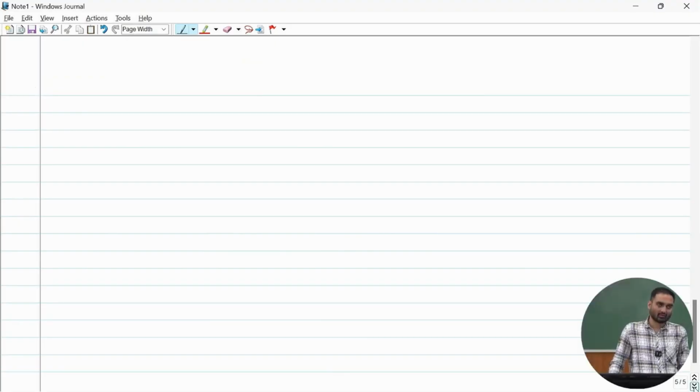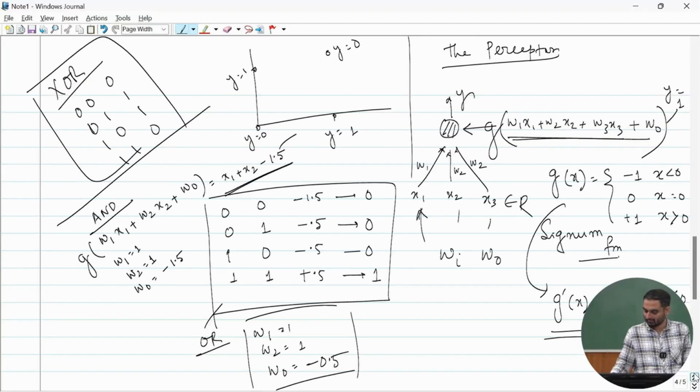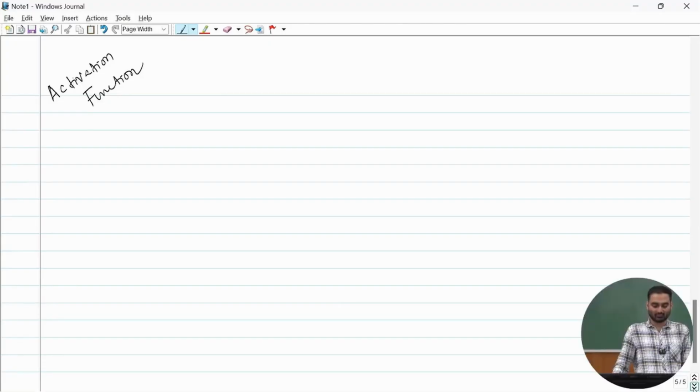Then Mikolov and other scientists came up with the concept of activation function. I intentionally have not used the term activation so far. Although all these g's used in perceptron and MPNet are all activation functions, I have not used the term intentionally, because when we talk about activation, we mostly refer to a non-linear activation.